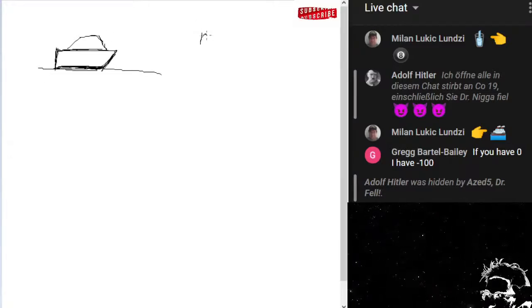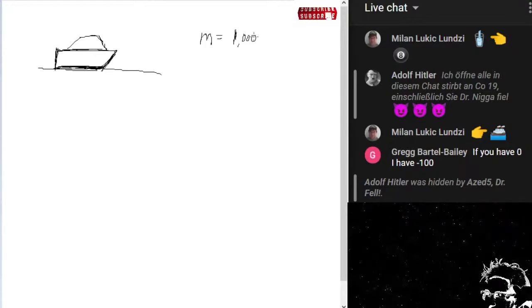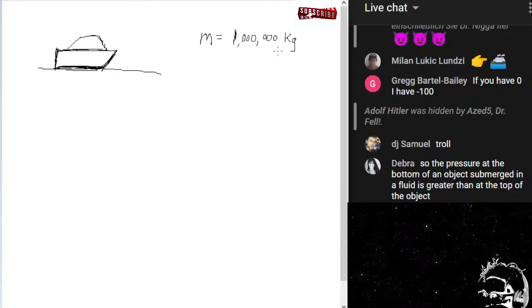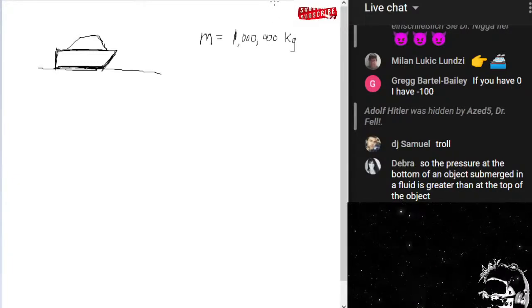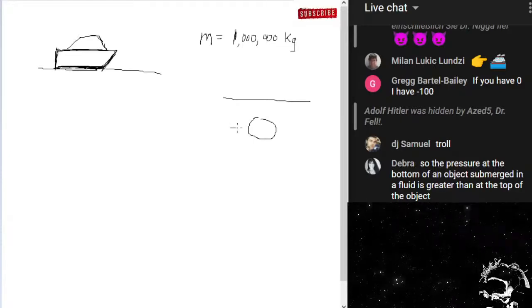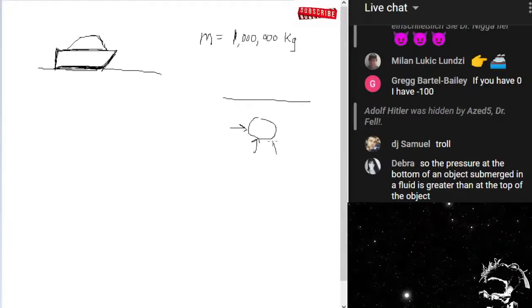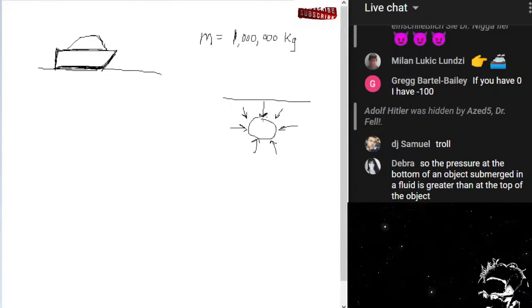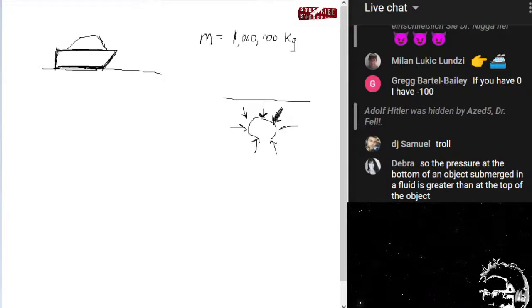So let's say the mass of this ship is 1,000,000 kilograms. Actually, no, Deborah. When you have something submerged, the fluid pressure is the same at all locations around it. They push equally in all directions. Like that.